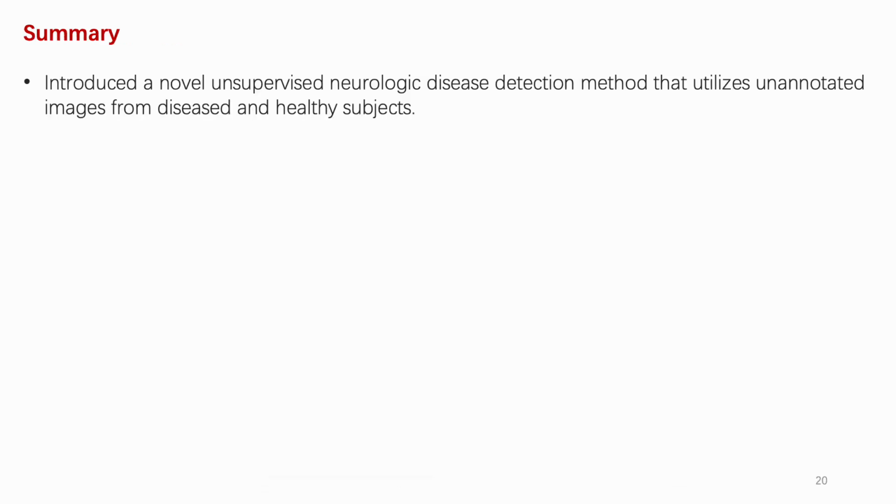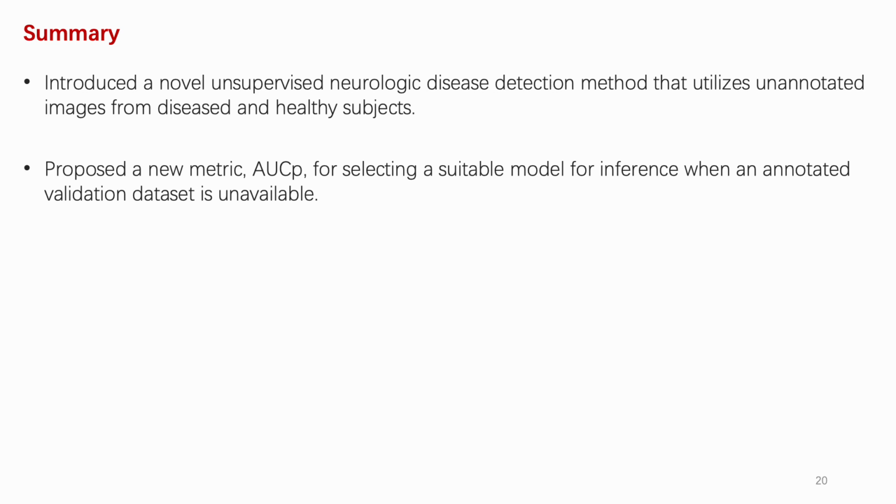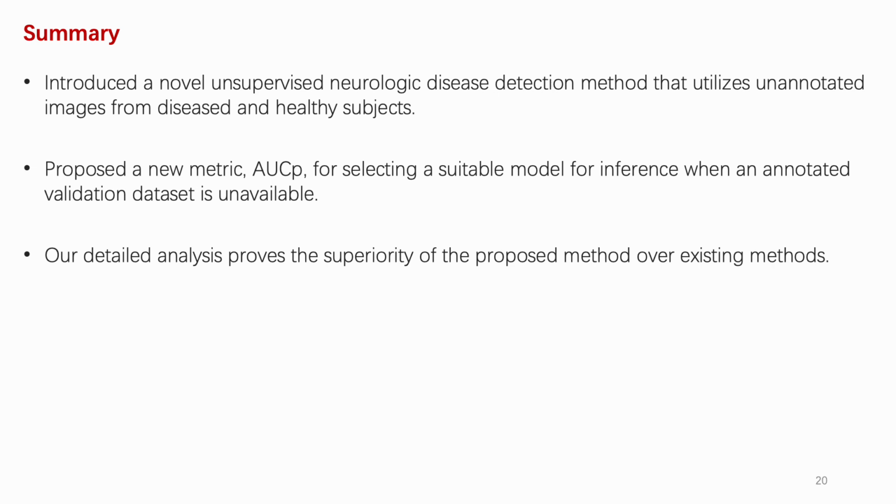So in summary, we introduced a novel unsupervised neurologic disease detection method that utilizes unannotated images from diseased and healthy subjects. We proposed a new metric, pseudo-AUC, for selecting a suitable model for inference when an annotated validation dataset is unavailable.